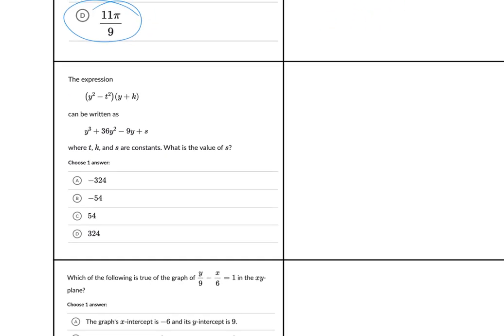So this expression can be written as this polynomial. That's not a polynomial, but where t, k, and s are constants, what's the value of s? So t, k, and s are constants. If I would FOIL this, this constant right here is only going to come from s, which is going to equal negative t squared times k. All right.